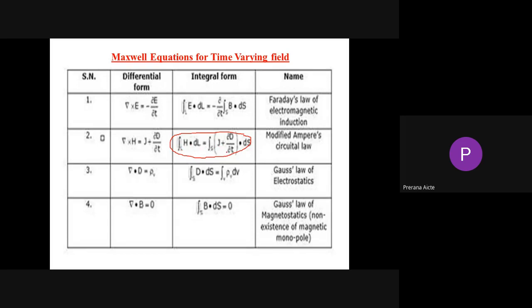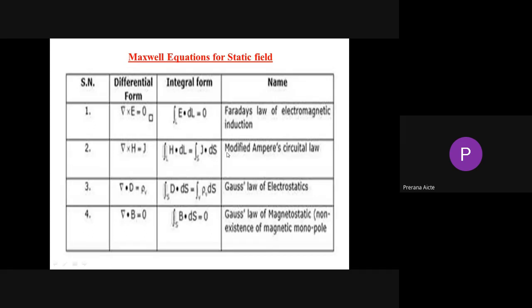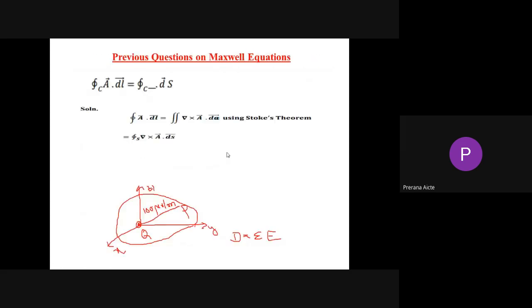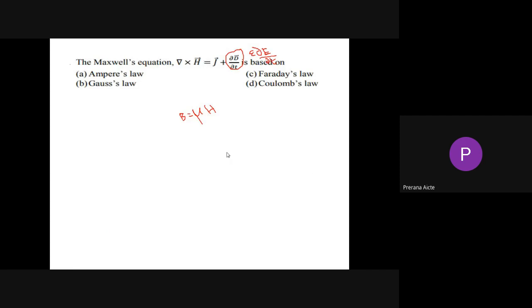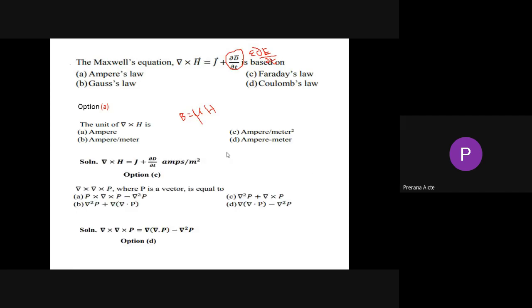So this equation is similar to which option? So what is the answer here? Line integral is equal to the surface integral according to Stokes theorem.